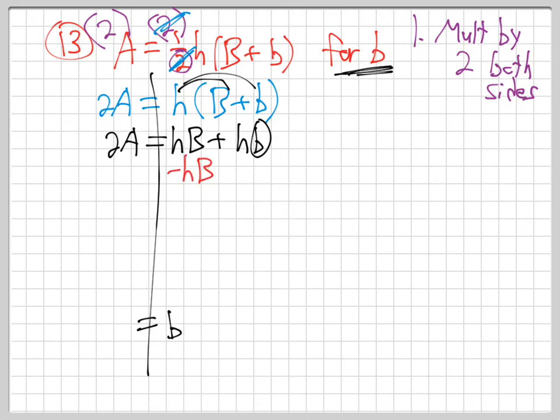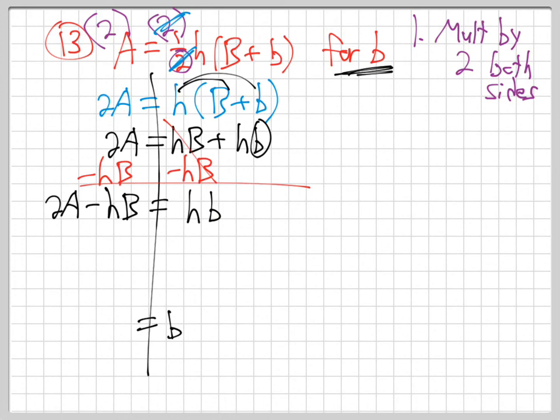Going to subtract the h big B from both sides, right? That whole chunk that's added, we subtract. Well, we always do the opposite, right? So something's added, we subtract. Something's multiplied, we divide. So that whole h big B chunk is added, so we subtract it. And so then we get 2a minus h big B is h little b.